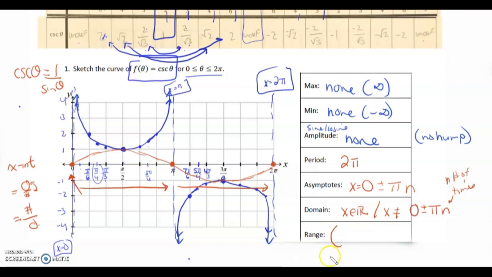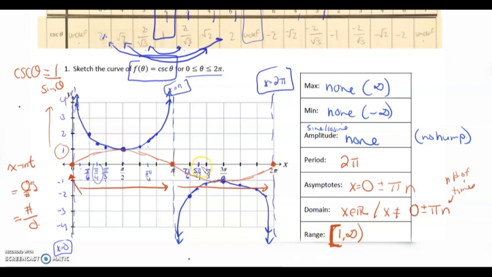Now, the range is a little bit unique. Okay, we haven't really seen a range like this. So for this part of the curve that increases, we start at 1 and we increase to infinity. So the range is going to be 1 to infinity. Oh, but we include 1, so that's going to be square bracket 1 to infinity.